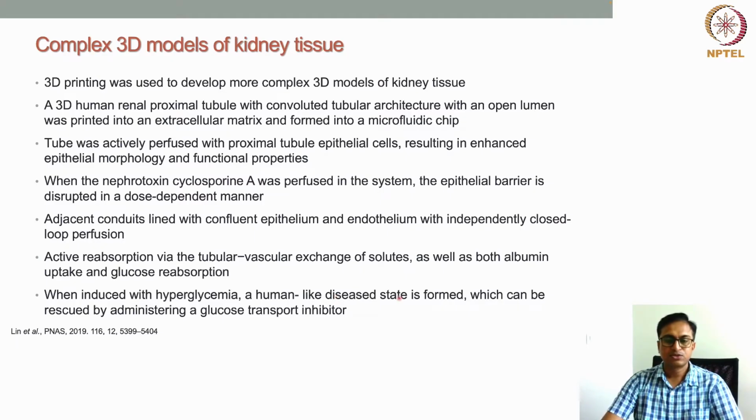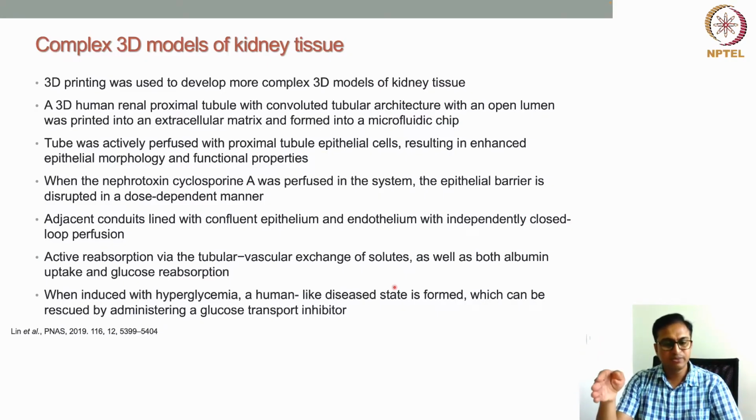So what they found is that in hyperglycemia, a human-like disease state is formed, which can be reduced by administering a glucose transport inhibitor. This is like the diabetic kidney, where if people have diabetes and the sugar level is high in their body, that causes a disease in the kidney.